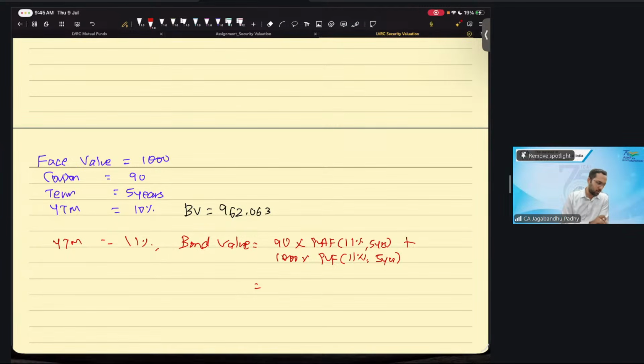This is coming out to be 926.08. This is the bond value.